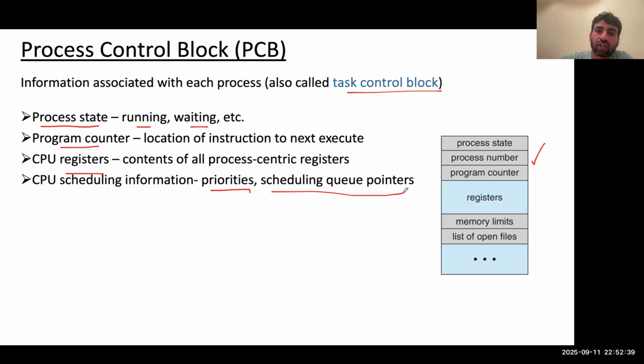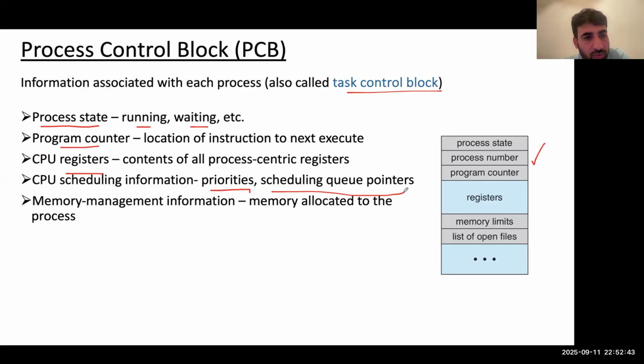Or if it is using any queues, what are the pointers of those queues? Then also, what memory was allocated to that process, so that we can use that memory when we run that process again.